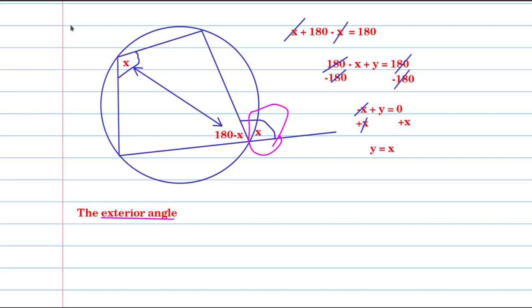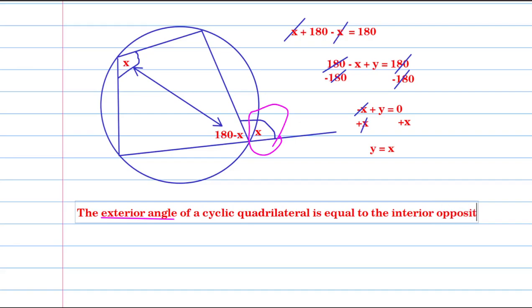It's that one there. So the exterior angle of a cyclic quadrilateral is equal to the interior opposite angle.